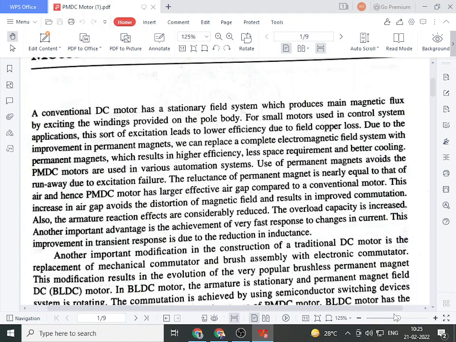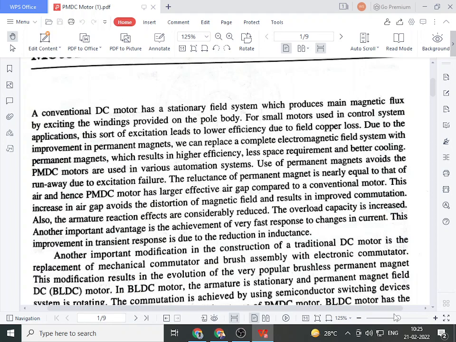The permanent magnets will generate the required amount of magnetic field. So whenever we require smaller DC motors, in such smaller DC motors the conventional field system is replaced with permanent magnets.